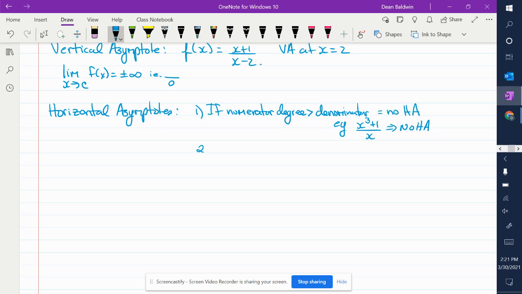The second rule was if the degrees of the numerator and the denominator are the same, so I'm writing num and denom now. The degree of the numerator equals the degree of the denominator, your HA is the leading coefficients.